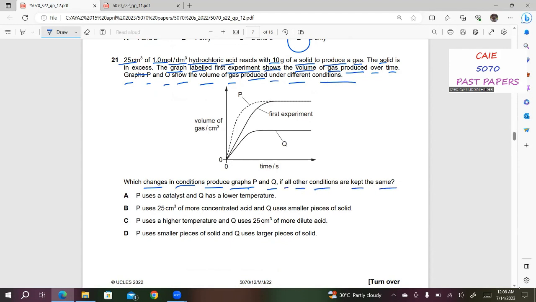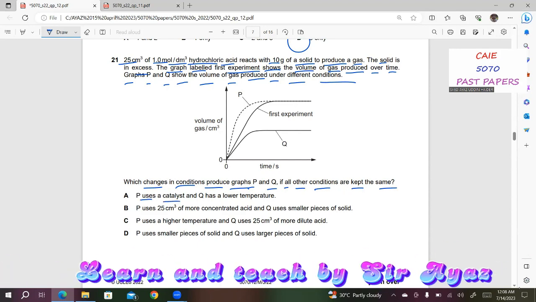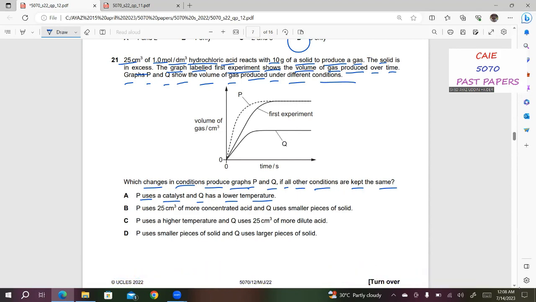A, P uses a catalyst and Q has a lower temperature. They are comparing Q with P in a way that they are saying that it is taking place at low temperature.